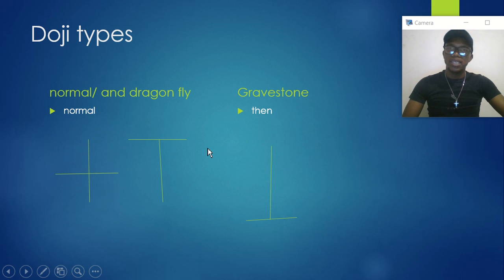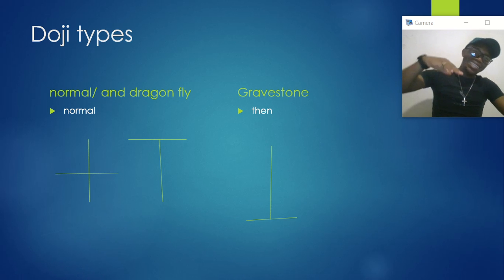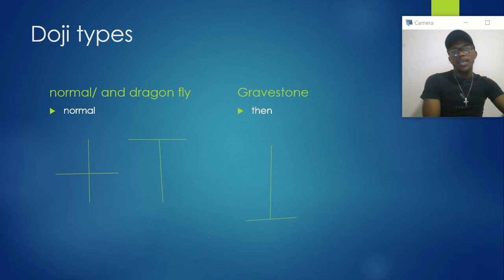Another thing, there are Doji types. There is what we call the normal Doji, the dragonfly, and the gravestone. The normal Doji is what I've been explaining before. The dragonfly, you will see when the trend has been going down, and at the beginning when the market is now starting to be bullish.